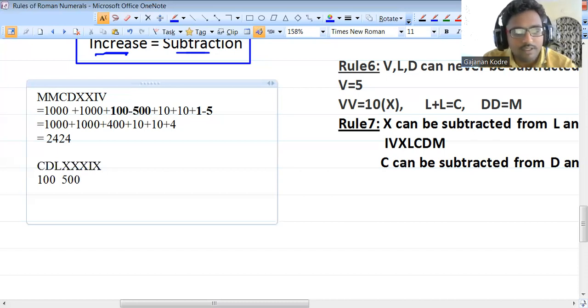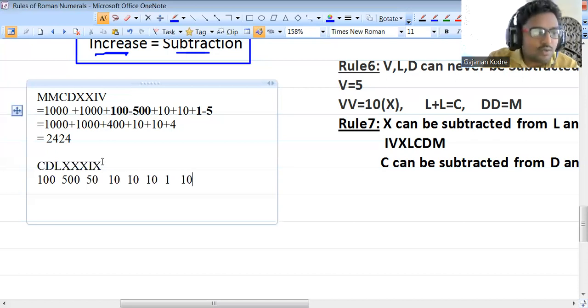For L 50, for X 10, for next X 10, for next X 10, then I 1, then X 10. अब यहाँ पे आप बोलोगे कि सर X तो 4 times आ गया है ना, X X X, but in between there is I, so it is not 4 times.